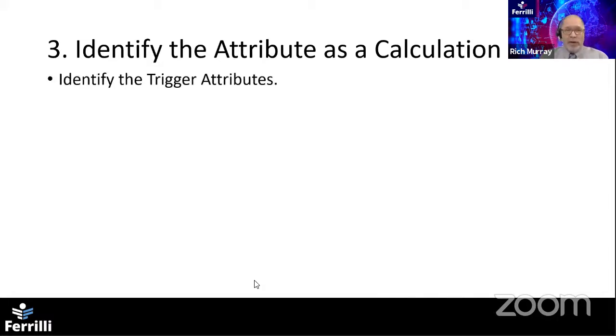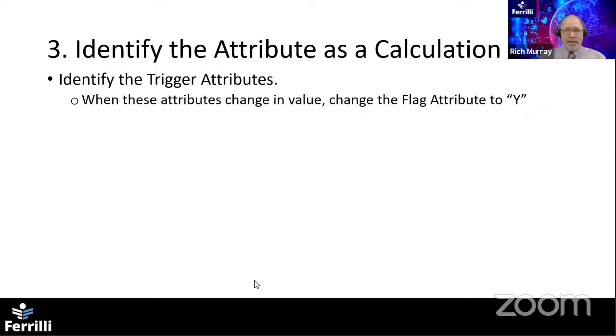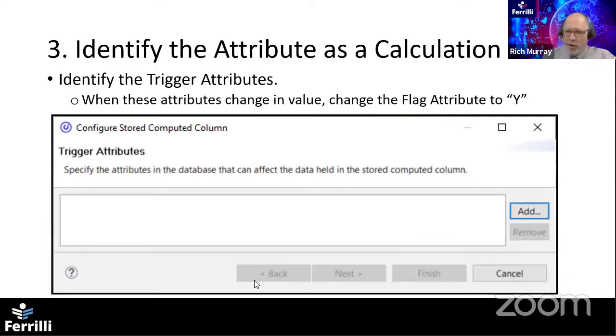The first one that you are presented with is identifying the trigger attributes. And you can see that there's a place you can add trigger attributes. Now, what is a trigger attribute? So we are trying to store a sum of credits based on some criteria.